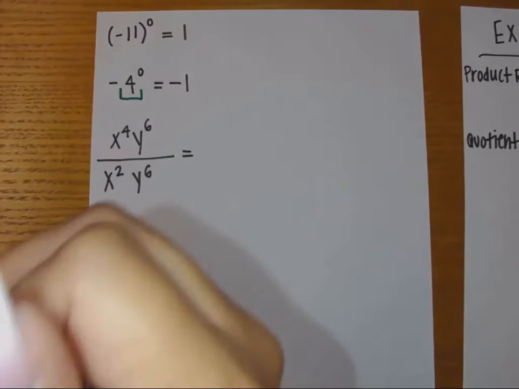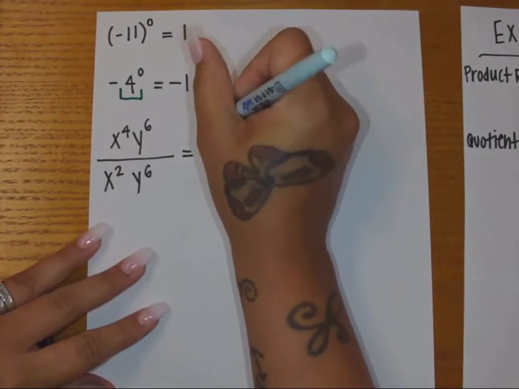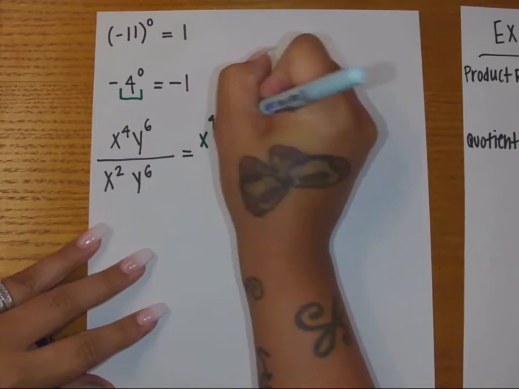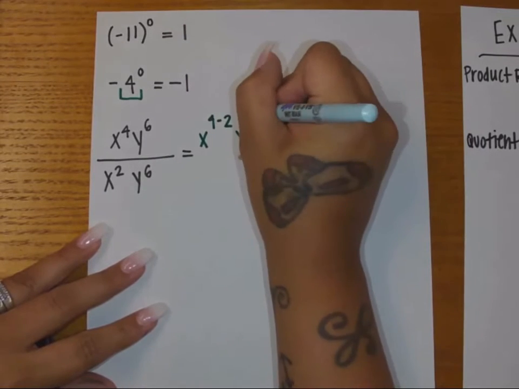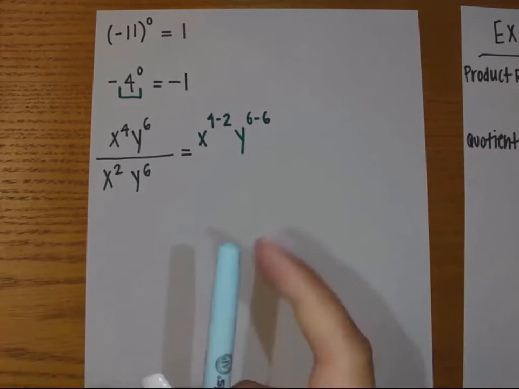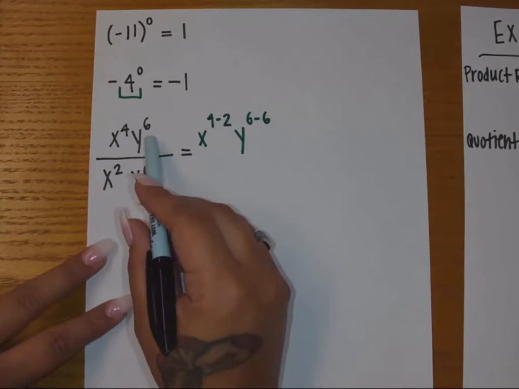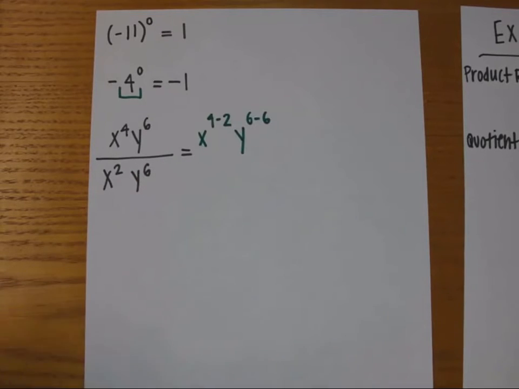So if I apply the rule which says to keep your variable and subtract your exponents, keep your variable and subtract your exponents, right? So that's x to the 4 minus 2, and then y to the 6 minus 6.